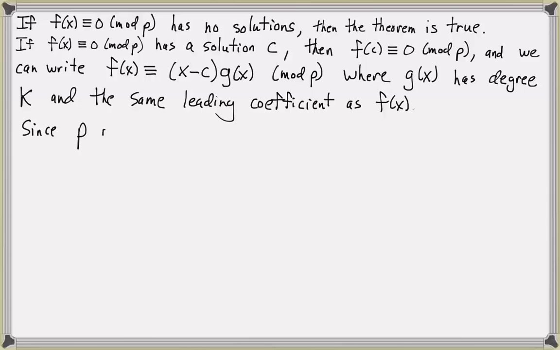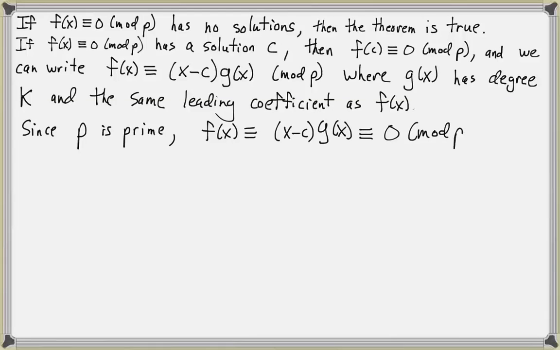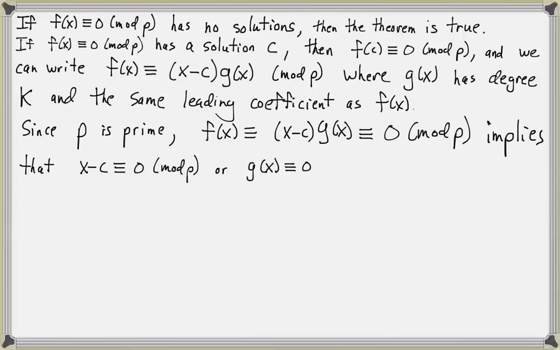Since p is prime, f of x, which is congruent to x minus c times g of x, congruent to 0 mod p, implies that x minus c is congruent to 0 mod p, or g of x is congruent to 0 mod p.